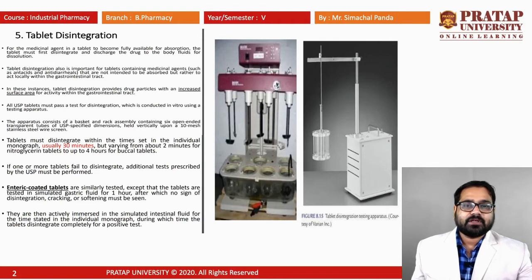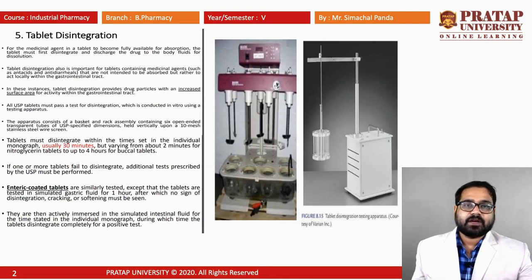Whenever the tablet comes in contact with the GIT, it has to break down into small fragments. The breaking down of the big solid dosage form, the tablet, into small fragments is known as disintegration. The time required for this is known as the disintegration time.